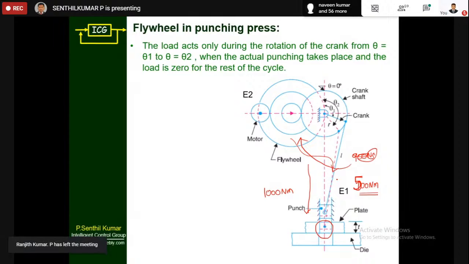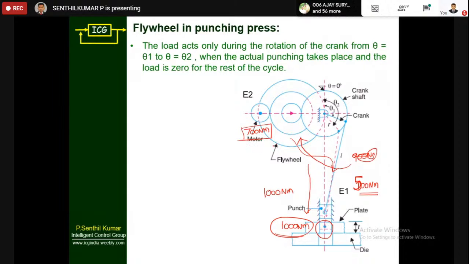So that's why the flywheel is called an energy saving device. If you are using a flywheel in a punching press, to make a 1000 Newton meter energy hole, you don't need a motor with 1000 Newton meter. Maybe 700 Newton meter energy of the motor is enough. The remaining 300, the flywheel will supply.